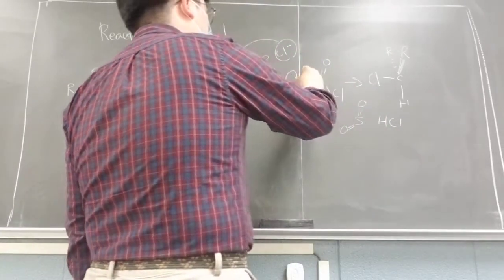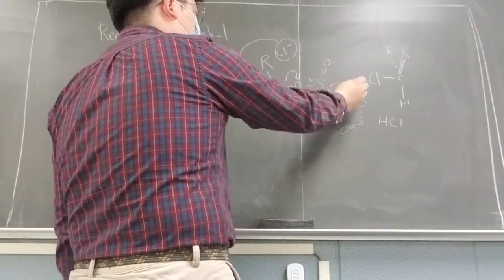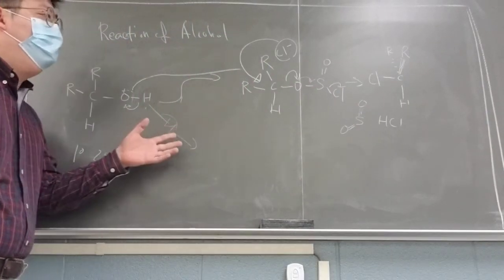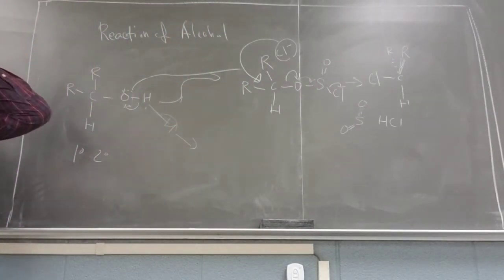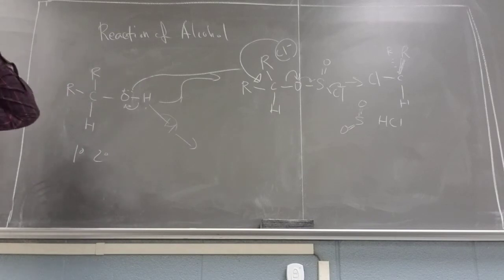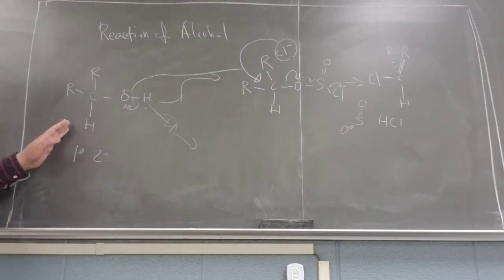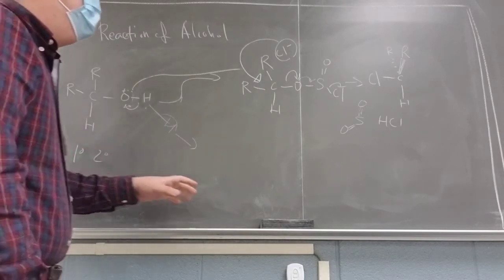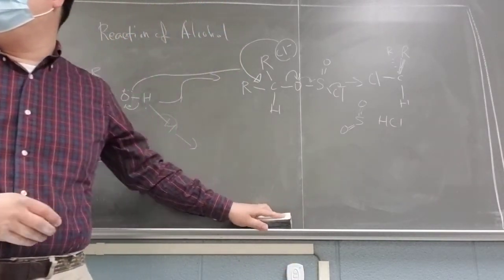The point here is that this is happening through SN2, with inversion, because it's secondary, not tertiary, so you can't do SN1.